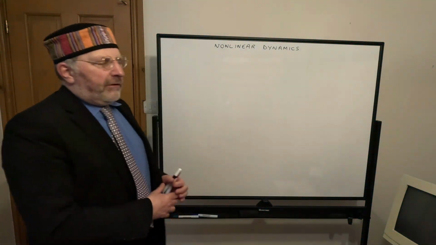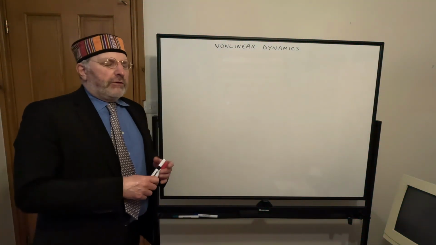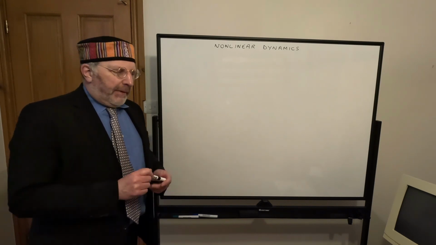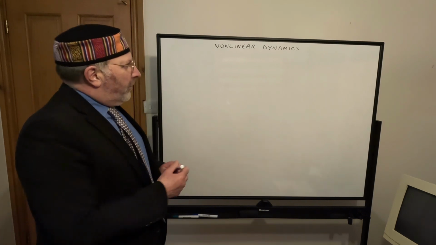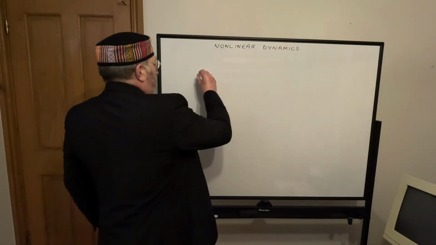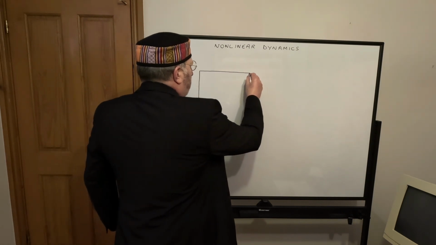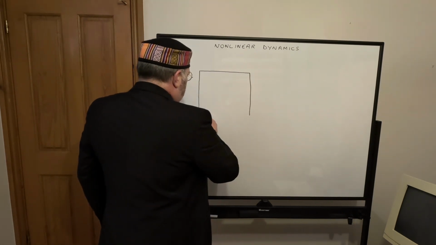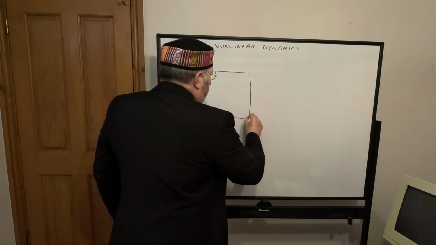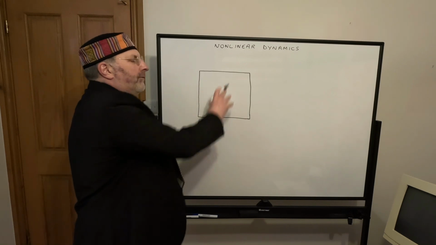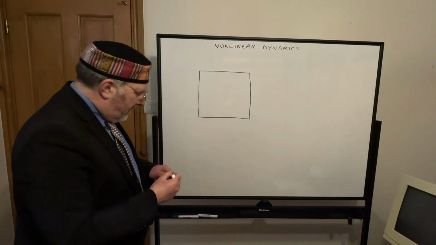And as we might expect, if we go to a three-dimensional phase space, we can get other kinds of behavior. So let's just think for a moment about two-dimensional phase space, and imagine the system with the two-dimensional phase space is confined to some box. It's kept within a certain boundary.